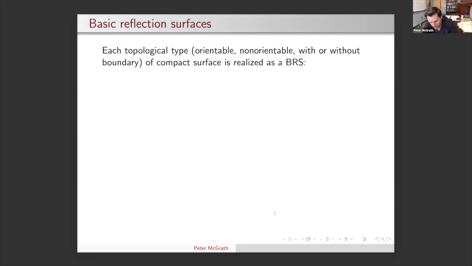So this is not very difficult to see, and I just want to outline this in the simplest case. In fact, it's not very difficult to classify, up to equivariant homeomorphism, just up to the Z2, what all the basic reflection surfaces are.